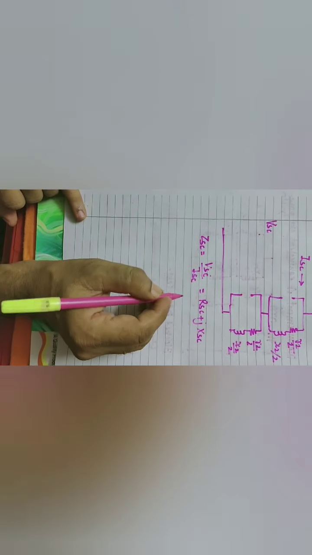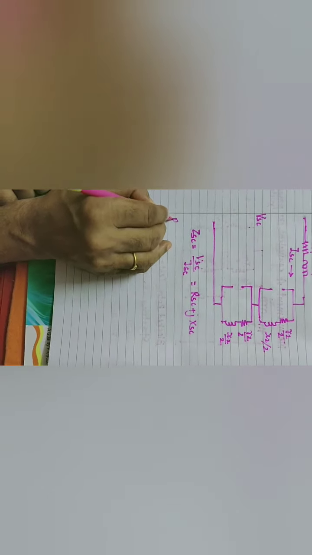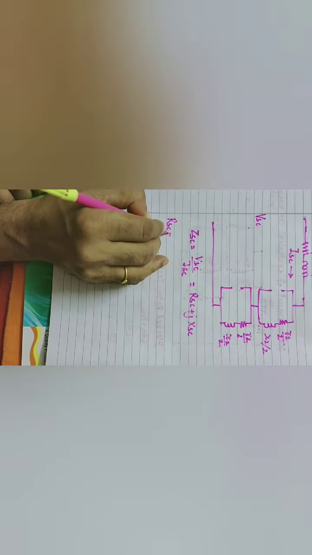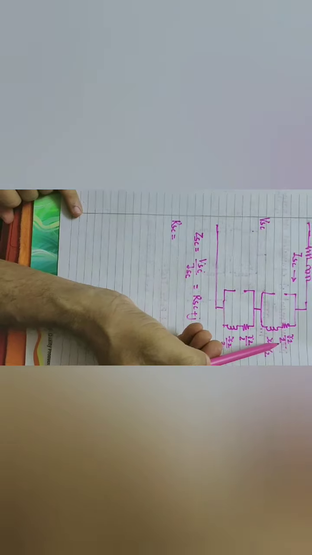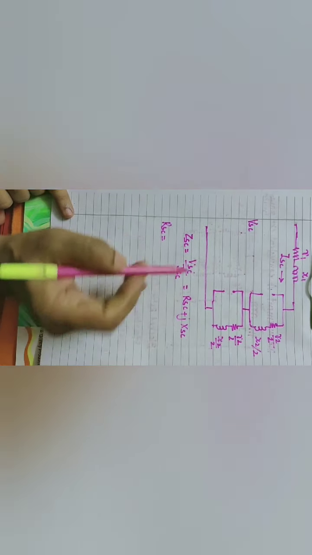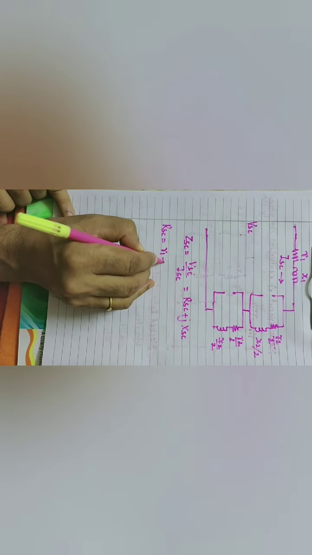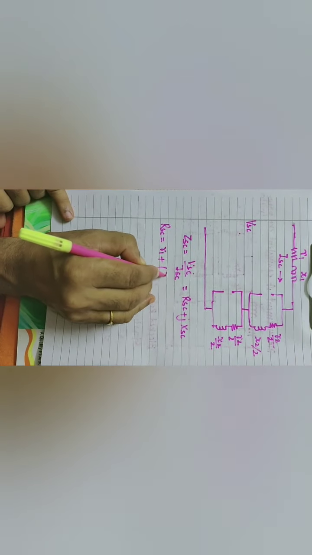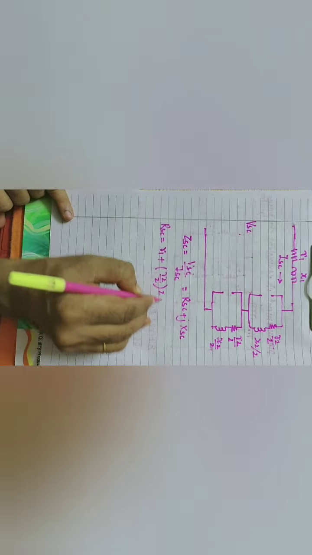Now RSC is the resistance under block rotor. So this is R1, this is R2 by 2 and this is R2 by 2. So all resistances are added together, nothing but RSC. So this is R1 plus R2 by 2 into 2. The 2 cancel.